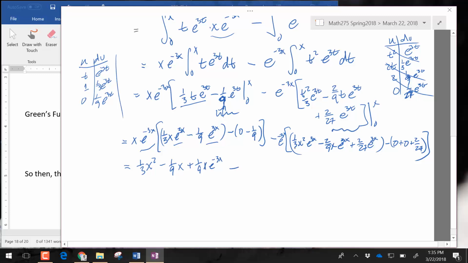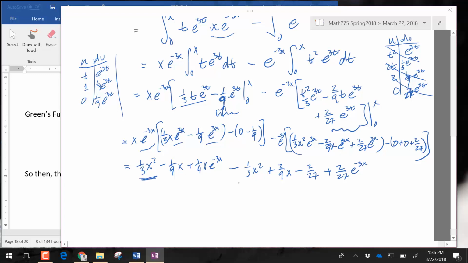You got negative 1/3 x squared, and e to the negative 3x will cancel, and then a positive 2/9 x, and that stuff cancels, and then negative 2/27, and that stuff cancels, and then now I have another negative, and a negative 2/27 e to the negative 3x.